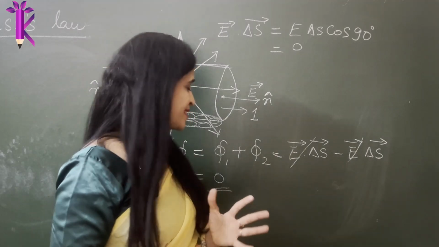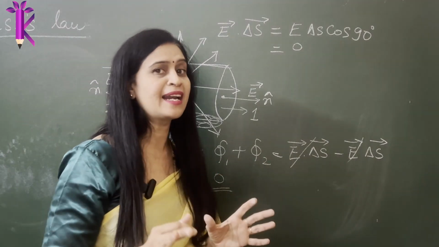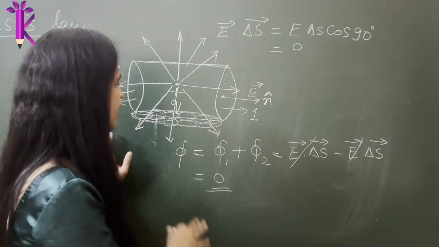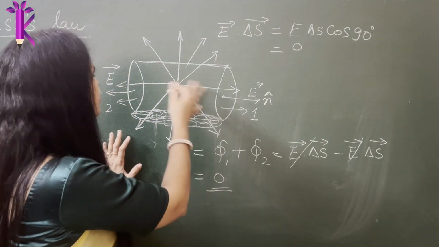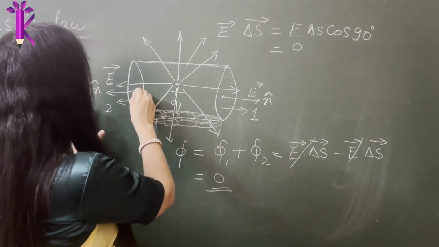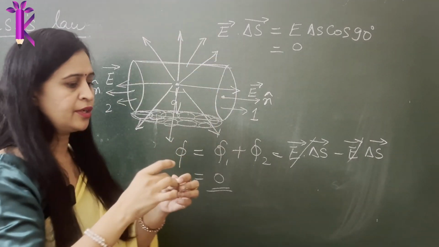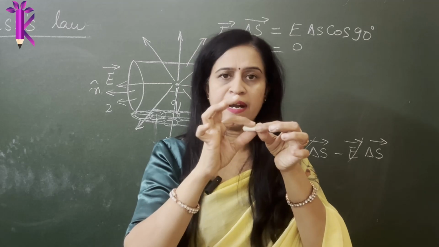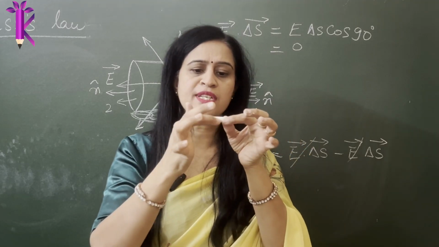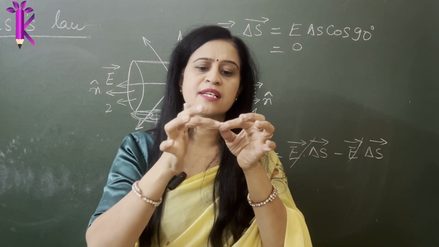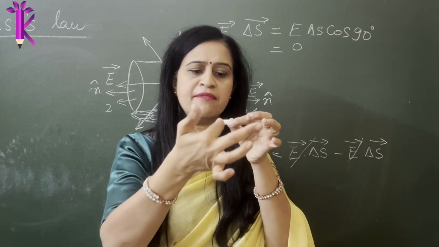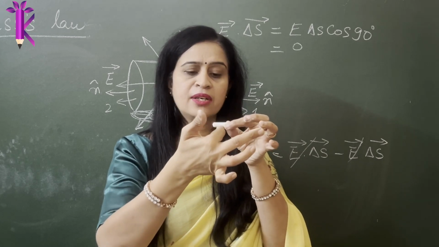Okay, so what does this tell you? Were we correct in our explanation? I told you that the net flux turns out to be 0. If I take that long chalk again, this is the cylindrical surface area. The area vector will make a perpendicular angle in some places.